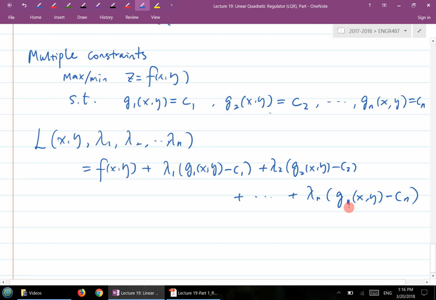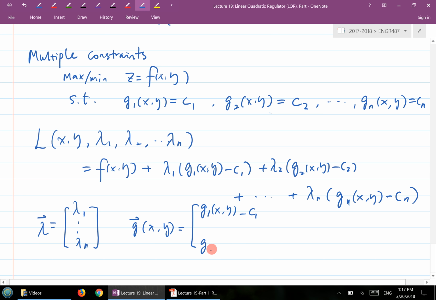In vector format, it is basically f of x y plus, I introduce a lambda vector, which is lambda 1 to lambda n, and also introduce a vector for the constraints: g1 minus c1 up to gn minus cn.